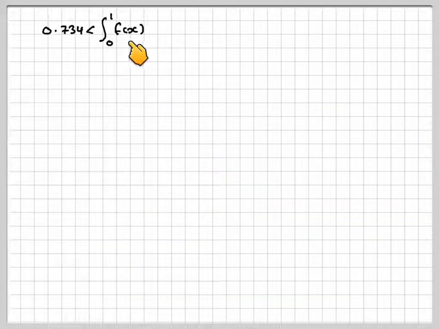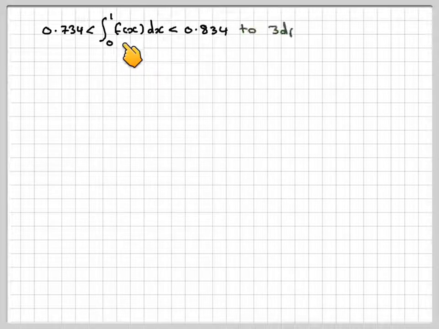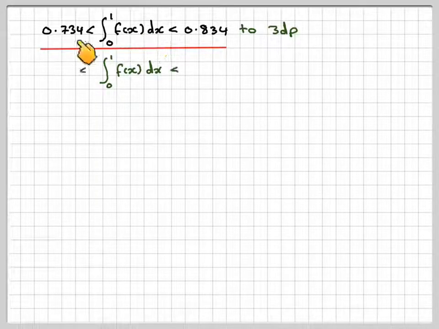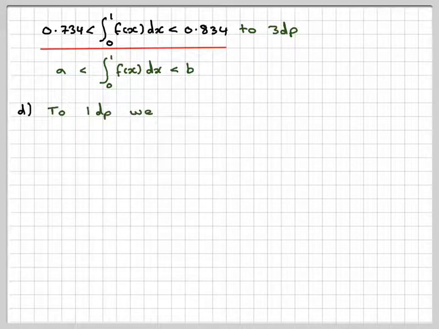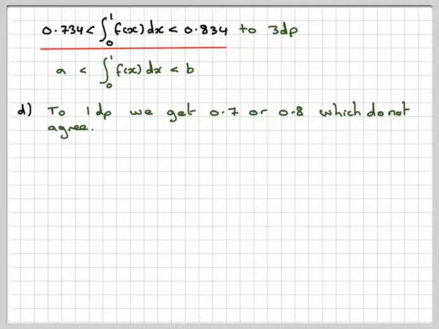Okay, so the inequality that we want is that the area, the integral from 0 to 1 of f of x dx, must be greater than 0.734, that's the lower bound, and the upper bound will be 0.834 to 3 decimal places, therefore we've got the right format. Now, if we look at these two values, we're going to get 0.7 if we round it off to 1 decimal place, or 0.8, which do not agree.